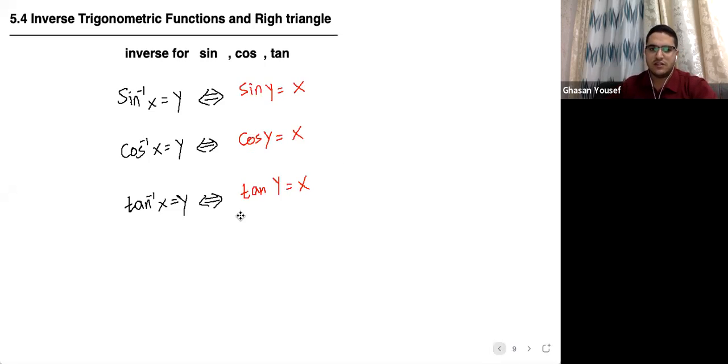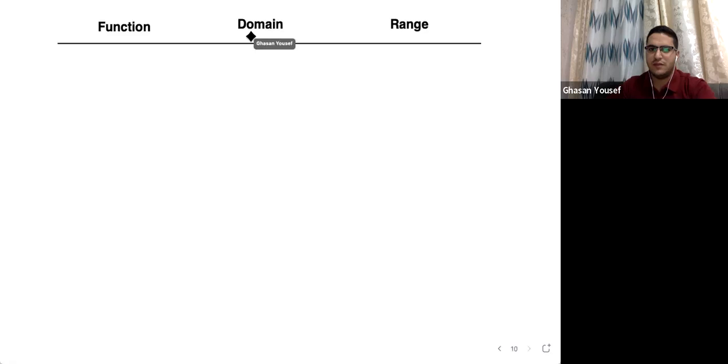The sine function, the cosine function, the tan function, all of them are not one-to-one. That's why I cannot find the inverse for them. But if I restrict the domain, making it smaller than the original one, I can find the inverse for these functions.